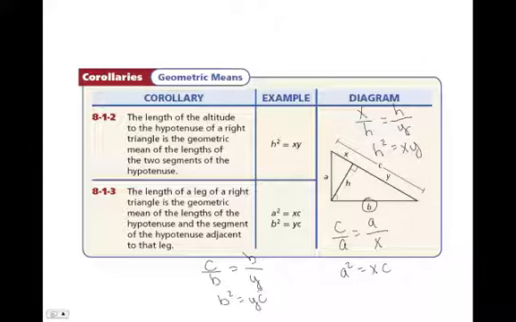Sure, but do you have to? Not if you understand what the geometric mean is. You need to understand what these two corollaries say about the altitude being the geometric mean of the 2 parts of the hypotenuse, and the leg of a right triangle is the geometric mean of the hypotenuse and the adjacent segment. So keep this in mind as we move on.